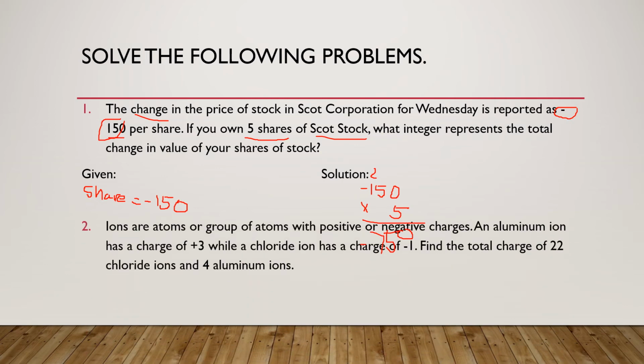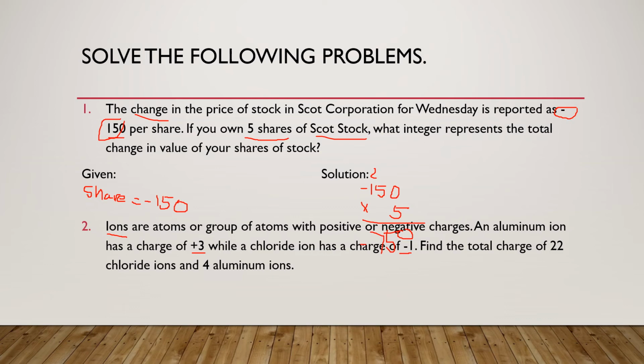For example number 2, ions are atoms or group of atoms with positive or negative charges. An aluminum atom has a charge of positive 3, while a chlorine ion has a charge of negative 1. Find the total charge of 22 chloride ions and 4 aluminum ions.